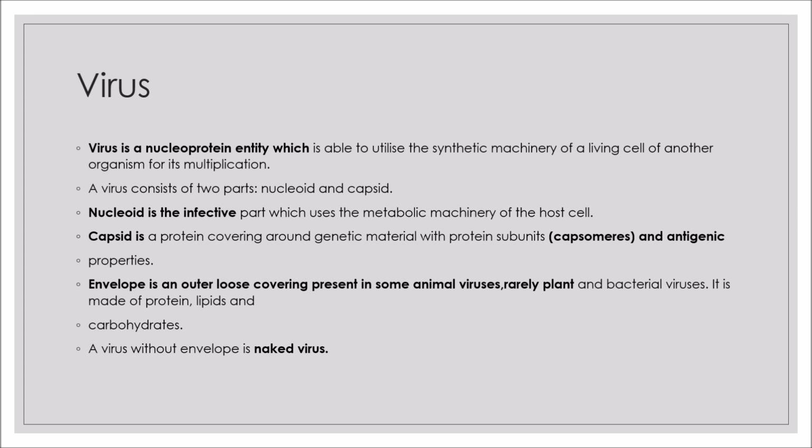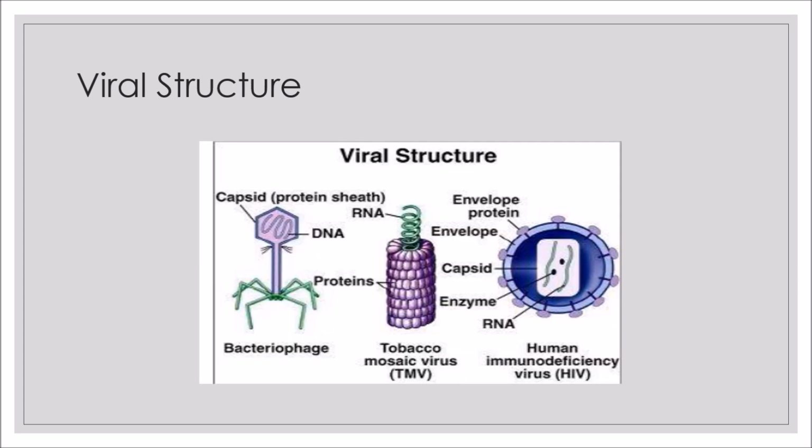So this is the viral structure, the different viral structures. We have three different viruses: bacteriophage, tobacco mosaic virus (TMV), and human immunodeficiency virus (HIV). In the bacteriophage, the capsid protein sheath is there, and inside it DNA is present. In tobacco mosaic virus, inside the protein sheath the RNA is present.